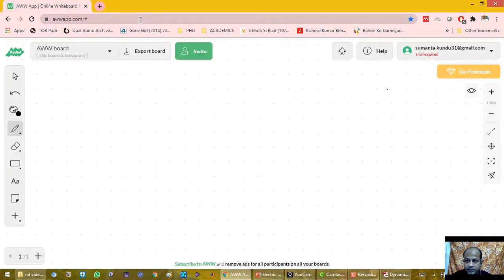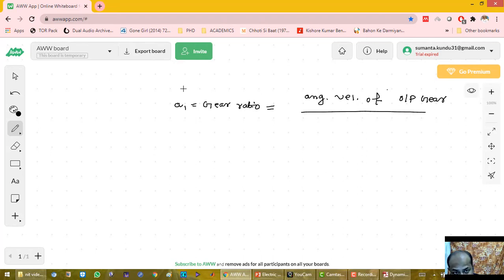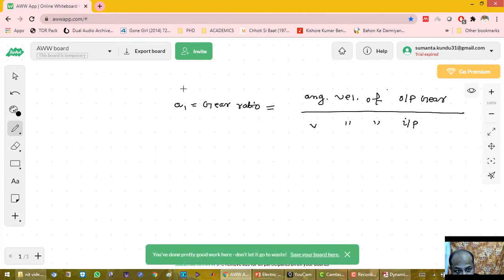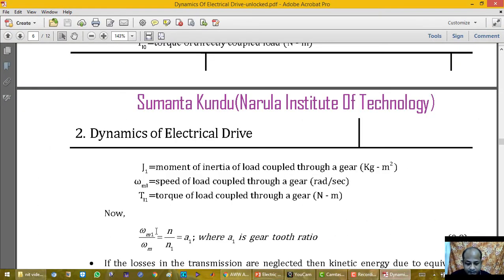A1 is my gear ratio, which equals the angular velocity of output gear divided by angular velocity of input gear.